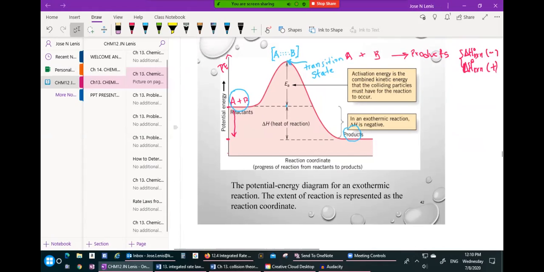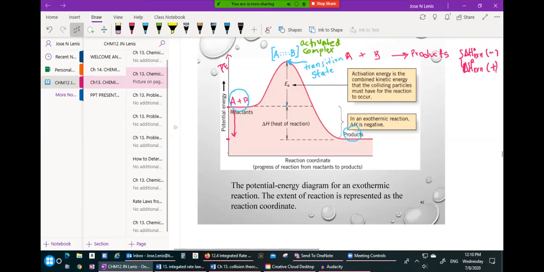And now, once this position is reached, we call this the activated complex. And we draw it using square brackets right on top of the hill on the transition stage.